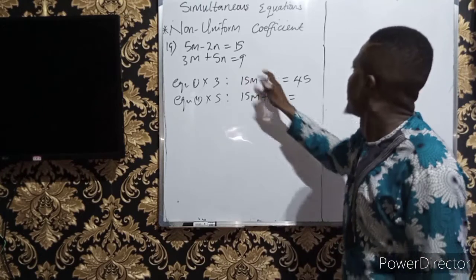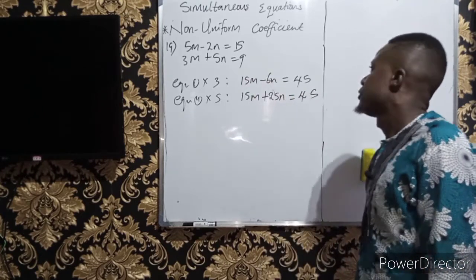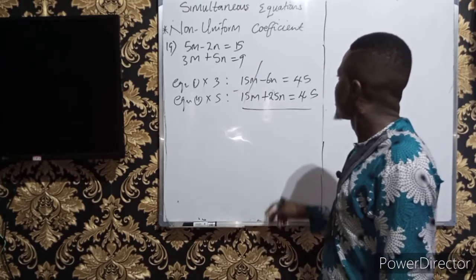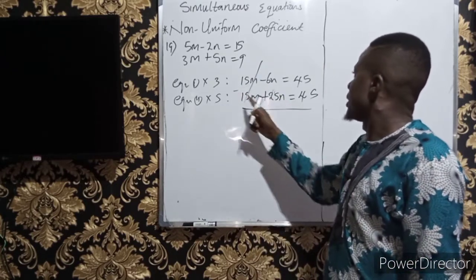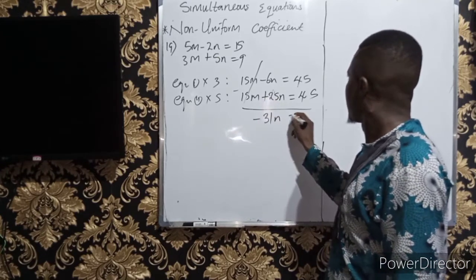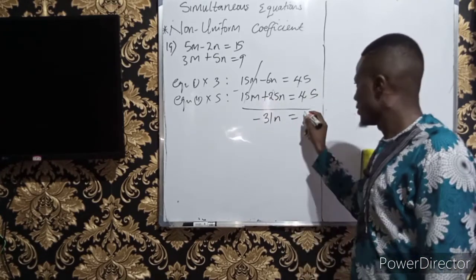And equals 5 times 9 is still 45. Now we are subtracting to eliminate this. Now minus 6 minus 25 is minus 31n. 45 minus 45 is 0.